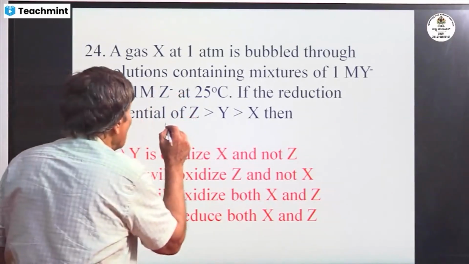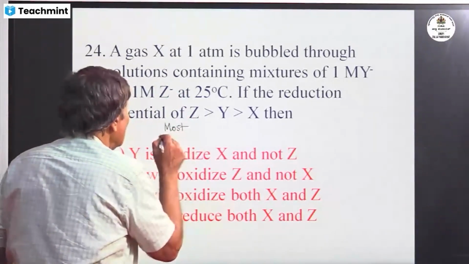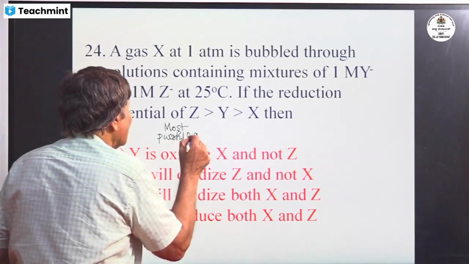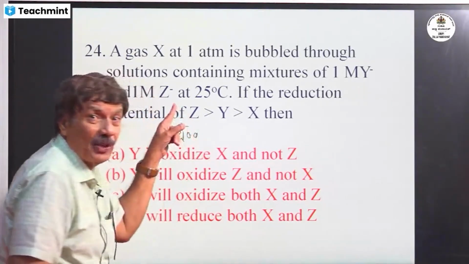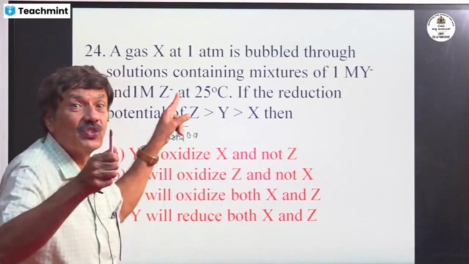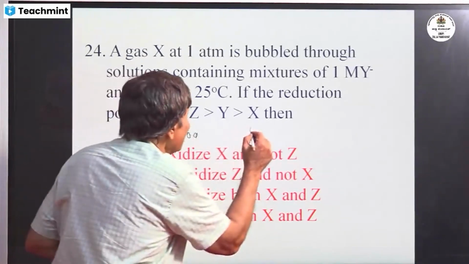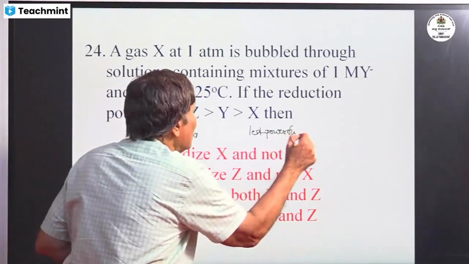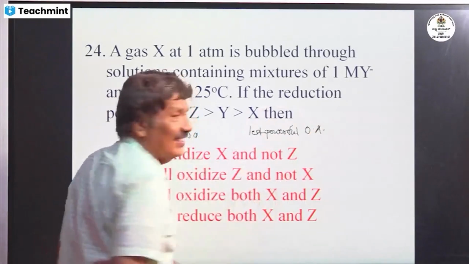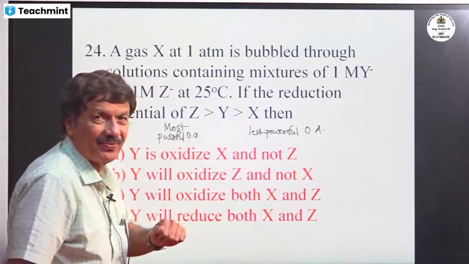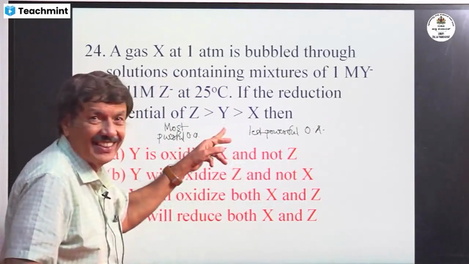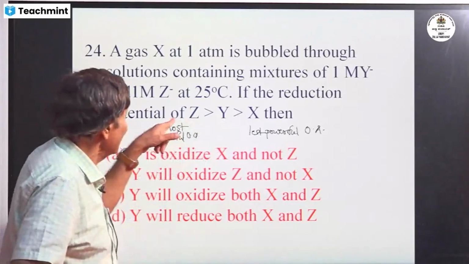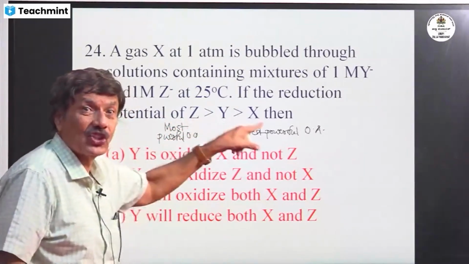This is most powerful oxidizing agent. Why most powerful oxidizing agent? It has got the highest value of reduction. This is least powerful oxidizing agent. This is in between. This is also oxidizing agent. Correct? Not as strong as Z, but definitely stronger than X.